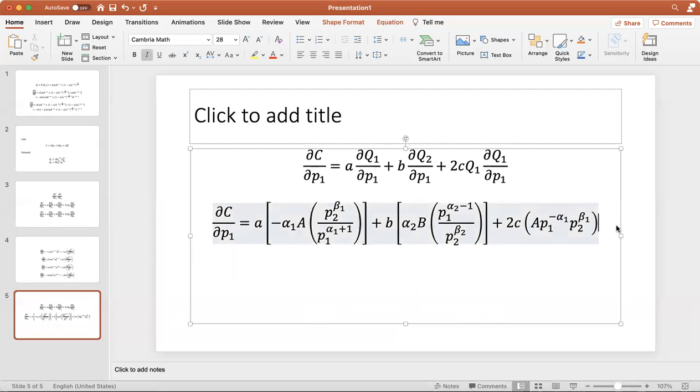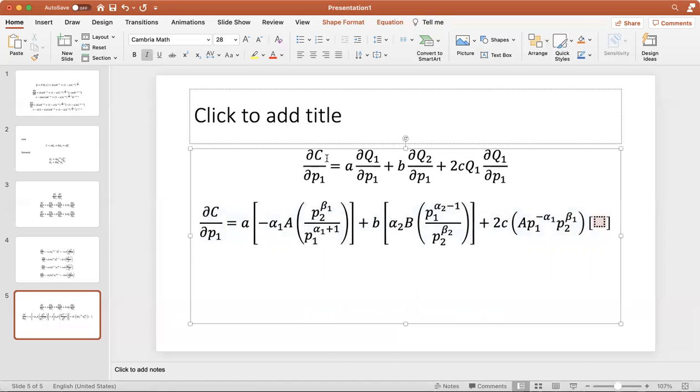Okay. And you have a bracketed term for, again, this partial derivative.